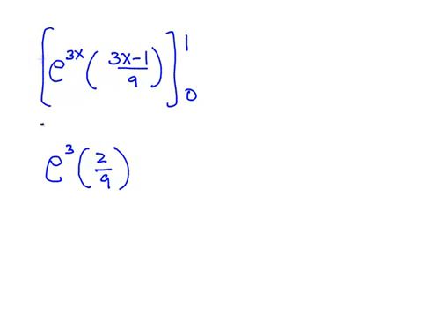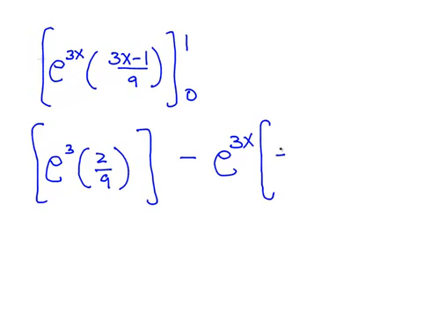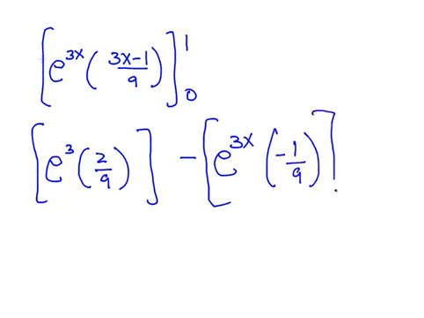That's when you evaluate it for 1. And we have minus, in the square bracket, e to the 3x minus 1 over 9, evaluated at 0. So that's 3 times 0 minus 1, which is minus 1 over 9.